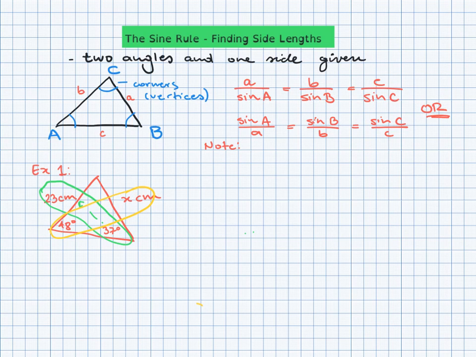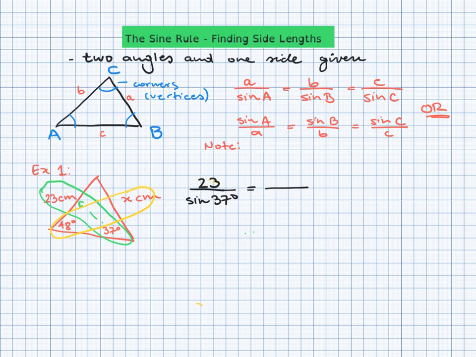Now, all we have to do is be careful what we're going to use in the numerator and what will be written in the denominator. So if we start with, let's say, 23, then 23 is over sine of 37. So this one here, 23, it's across 37. So equal to, now in the numerator, as we have started here with the side length, in the numerator here we have to have the length of the other side.